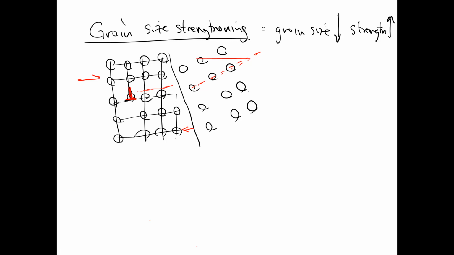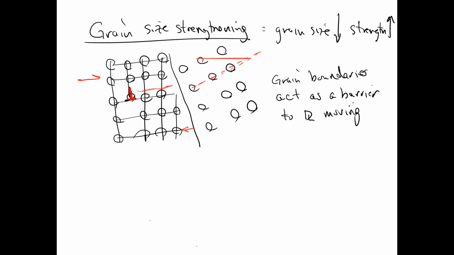The grain boundaries act as a barrier to dislocations moving. In other words, this dislocation moves along and it gets stuck at the grain boundaries.